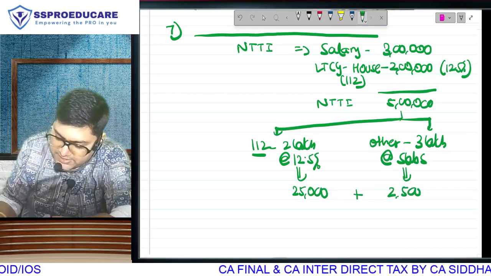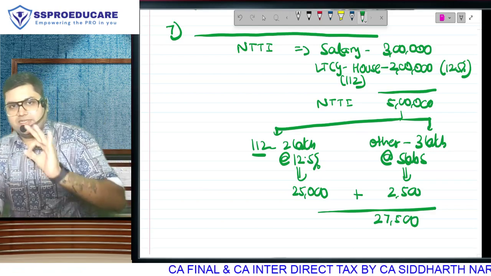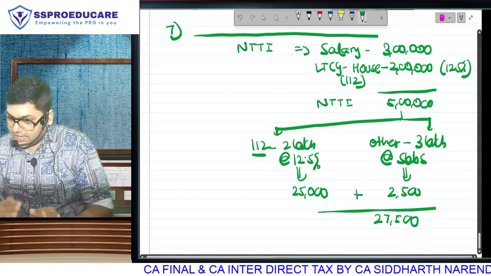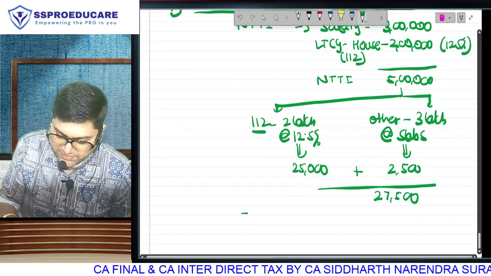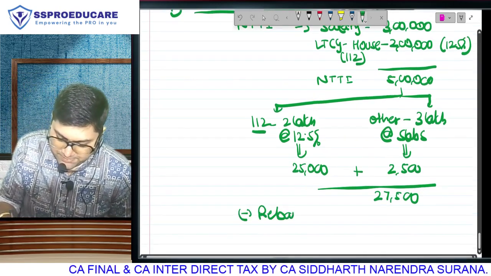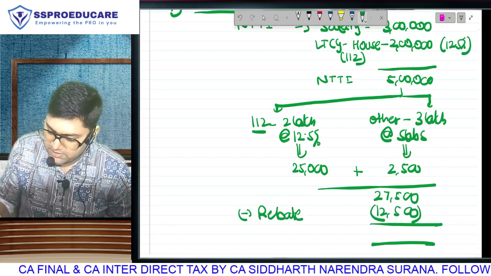So what is your basic tax? 27,500. Now my question is, at 5 lakh, can actual tax be higher than 12,500? So we will give rebate of maximum 12,500. Clear?